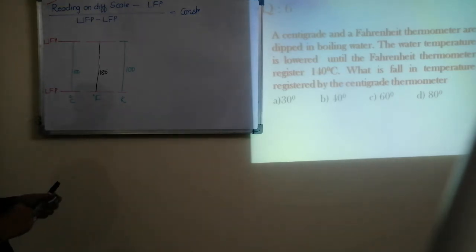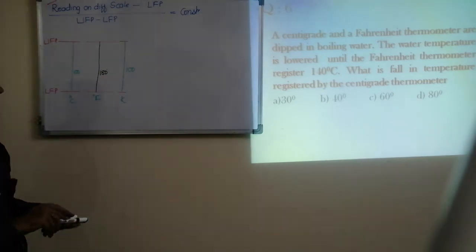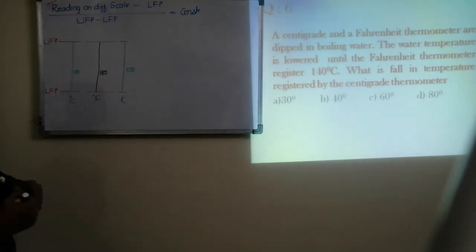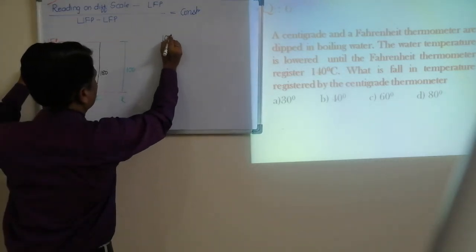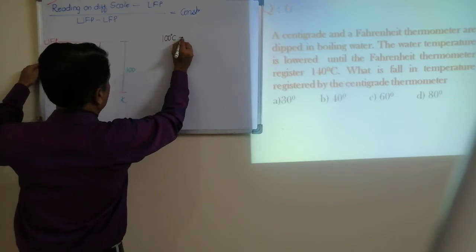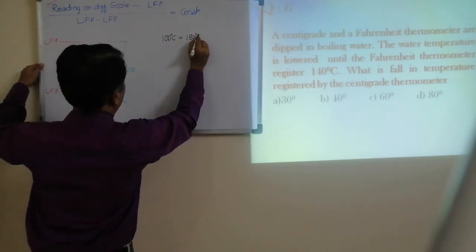It means for a given amount of heat, in all three cases, the amount of heat remains the same. So I can say 100 degrees Celsius is equal to 180 degrees Fahrenheit.